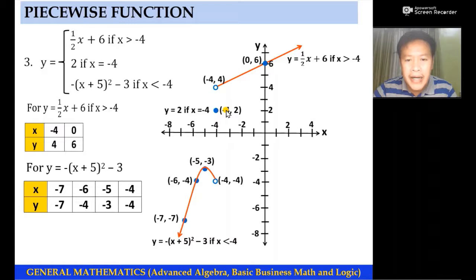And this point function is given by this equation, y is equal to 2 if x is equal to -4. And this subfunction, which is our first subfunction, is given by y is equal to 1/2 x plus 6 if x is greater than -4.